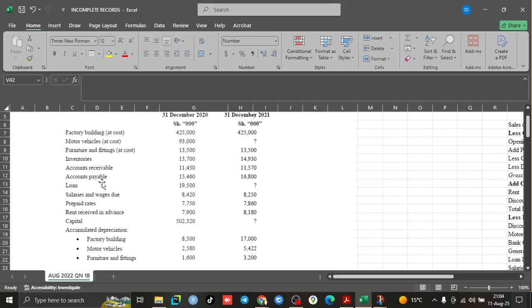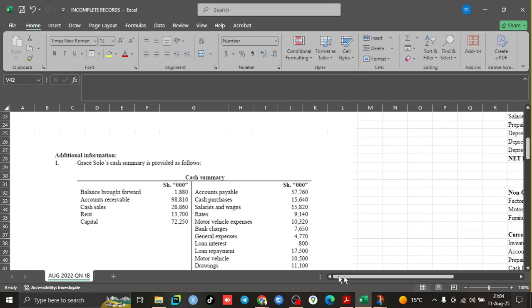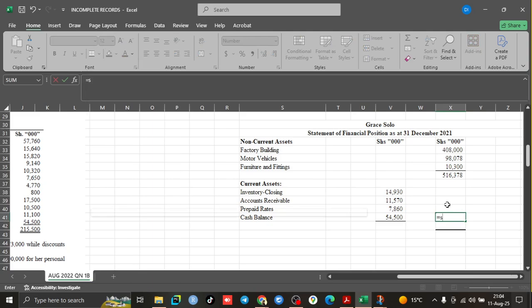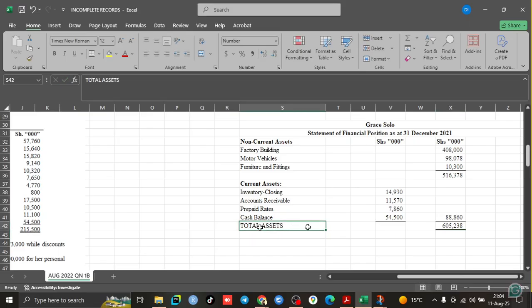So there's no other asset. Let's get total assets: that amount plus that amount. So total assets are 605,238.